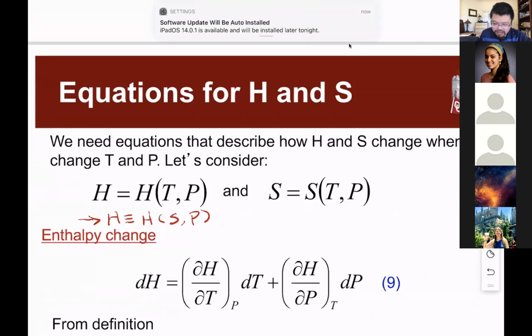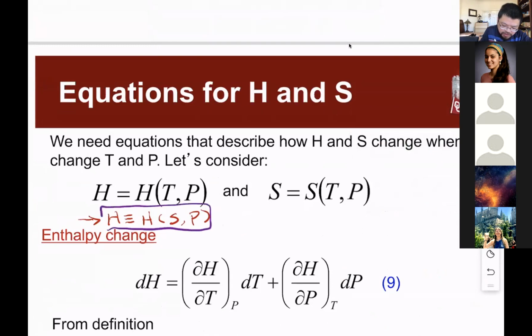So here we know that the enthalpy ideally would be expressed as a function correlating entropy and pressure. And now we know that the entropy is not very friendly to us. It's hard, and we have to design reversible processes in order to calculate those entropy terms.